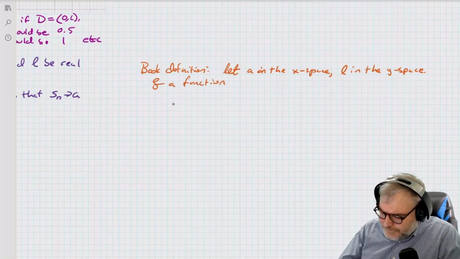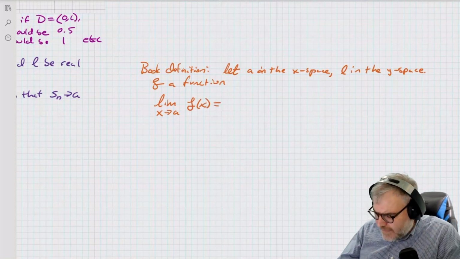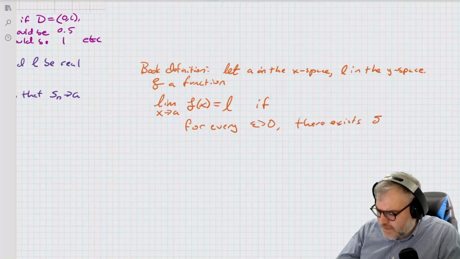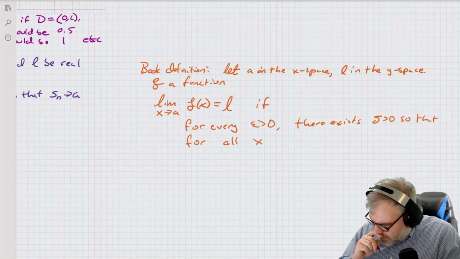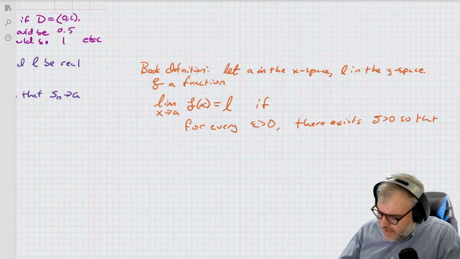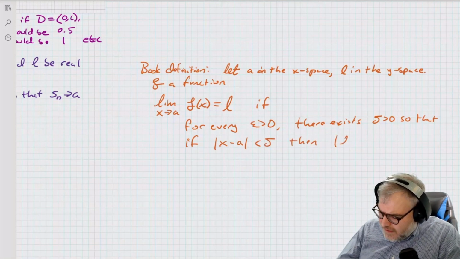The limit as x goes to A of f of x equals L if for every epsilon greater than 0 there exists delta greater than 0 so that for all x, if the absolute value of x minus A is less than delta, then the absolute value of f of x minus L is less than epsilon.